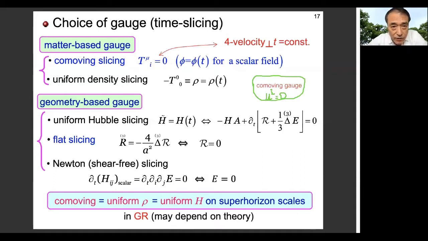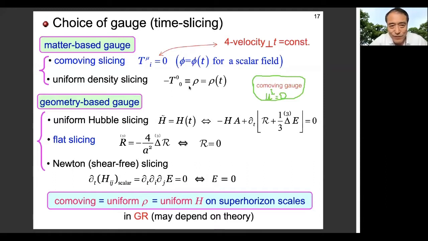However, even at nonlinear order, you can define the uniform density slice. This is easy. You take the slice on which the energy density of the matter is spatially homogeneous. So this means you don't have any density perturbation by definition.